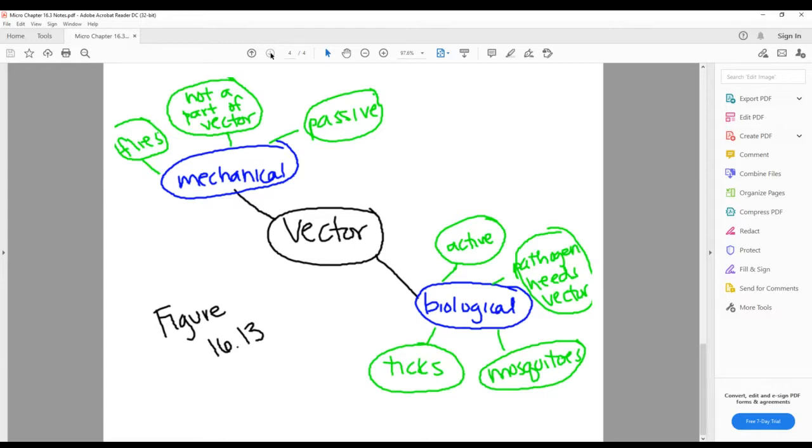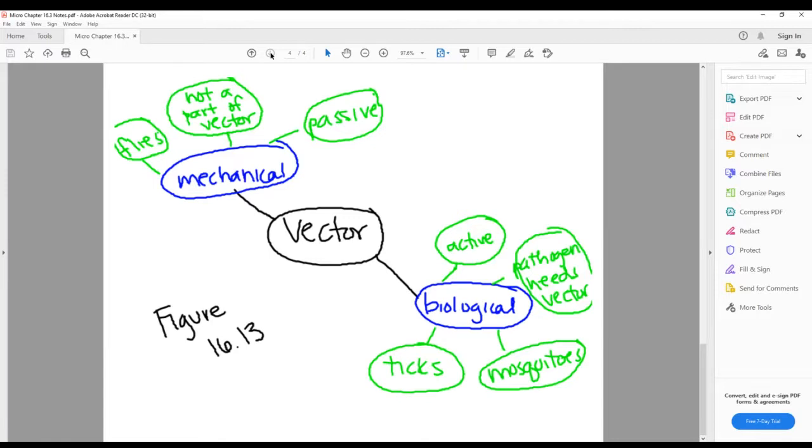A mosquito bites an infected horse, picks up some equine encephalitis pathogens, and then that pathogen will continue to grow inside the mosquito, and when it bites you, it injects that virus into you. Same thing with ticks.